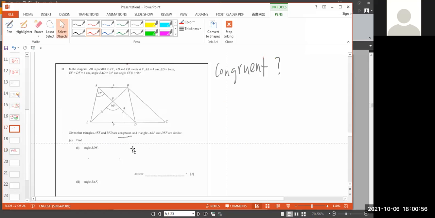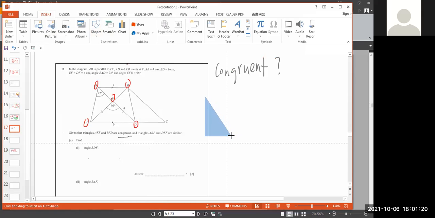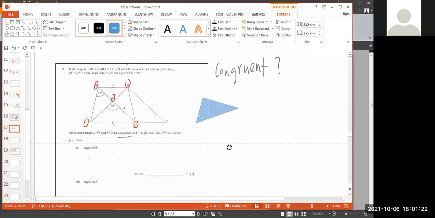So it says AFE. AFE is here. And then these are BFD. They are congruent. So what does it mean? Exactly the same, right? So I'm going to extract these two out. Why I extract it out, I'll explain later, but I find if I extract it out, it's easier for me to see.